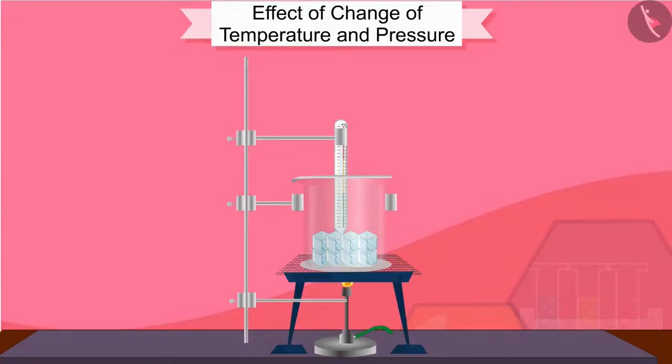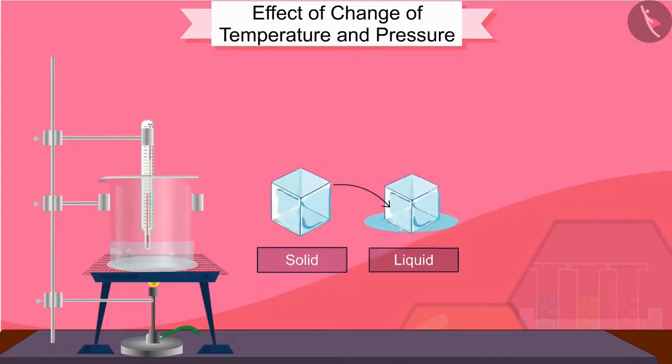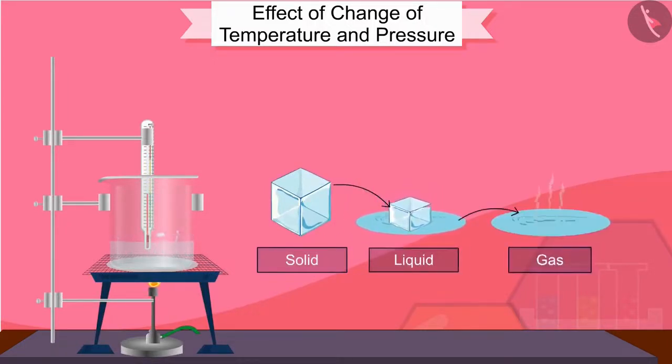By this activity, we can conclude that by changing the temperature, we can change matter from one state to another. Through this activity, we learned that when it is heated, matter changes from solid to liquid and liquid to gas.